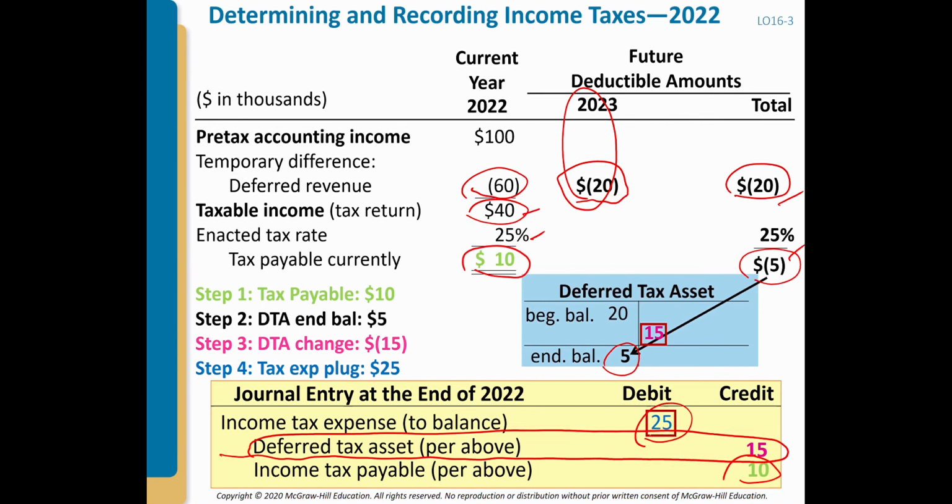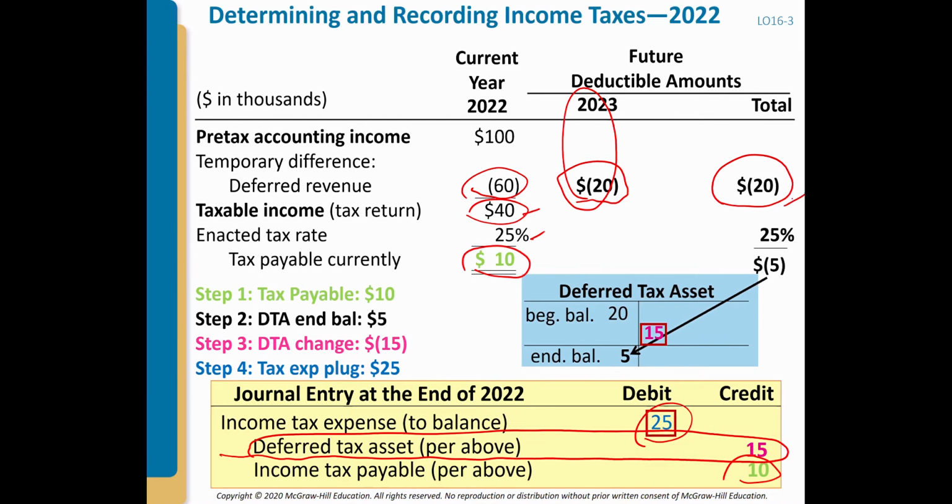Professor? Yes, go ahead. Why this time, when we go to 2022, the deferred tax assets will be turned to credit, is not debit? Because you see that what we're trying to calculate, let me read this part. We calculate what is the future deductible amount at the end of 2022. You okay, right?